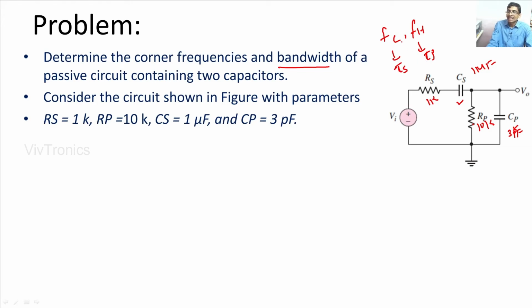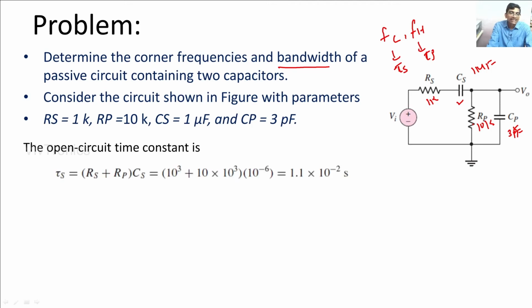The open circuit time constant tau s is equal to (Rs plus Rp) times Cs. Substituting Rs equal to 1 kilo ohm and Rp equal to 10 kilo ohms, times Cs of 1 microfarad, we get 1.1 into 10 power minus 2 seconds.